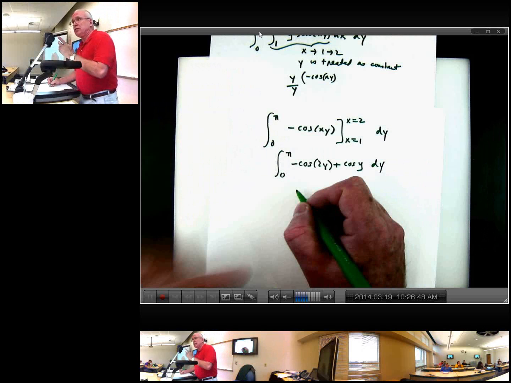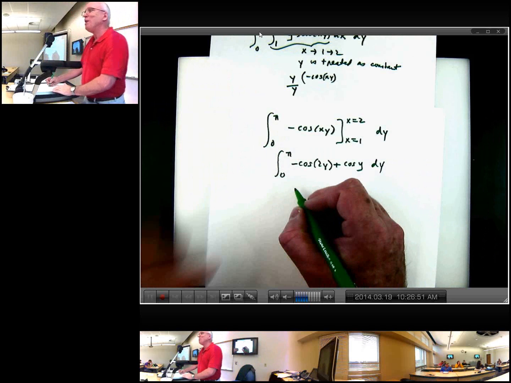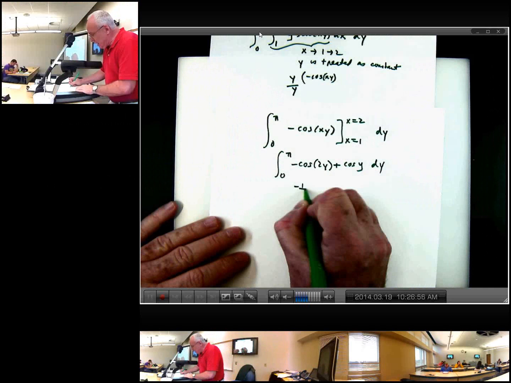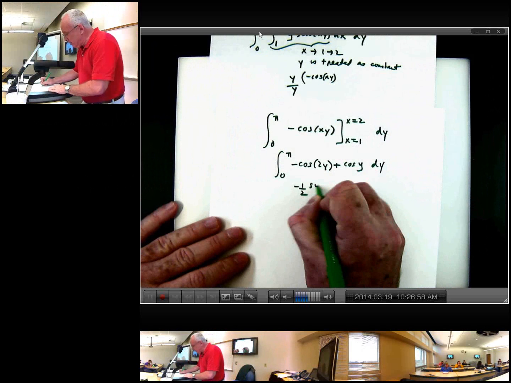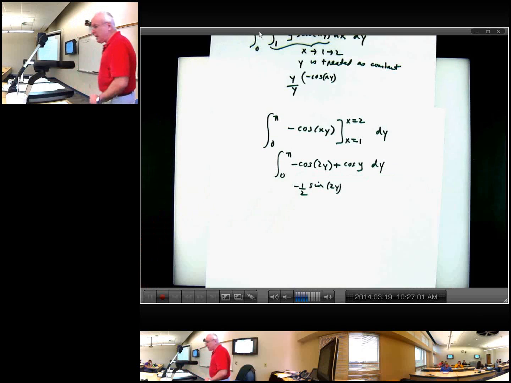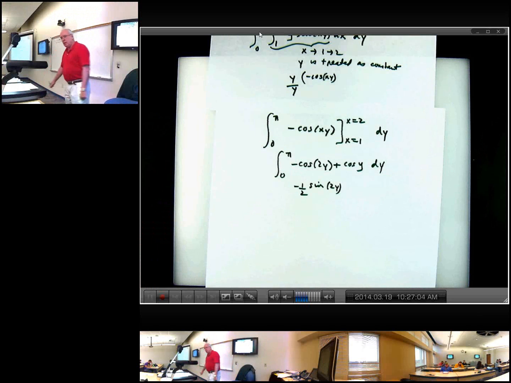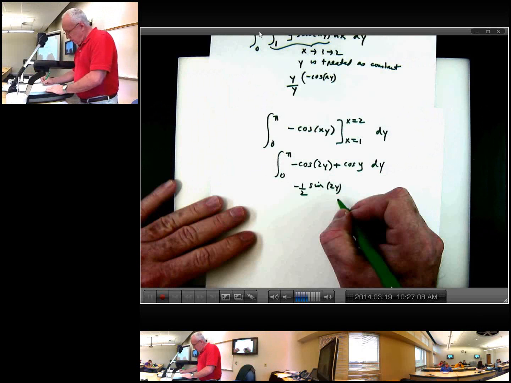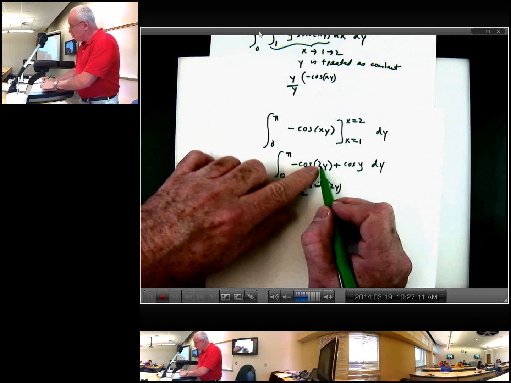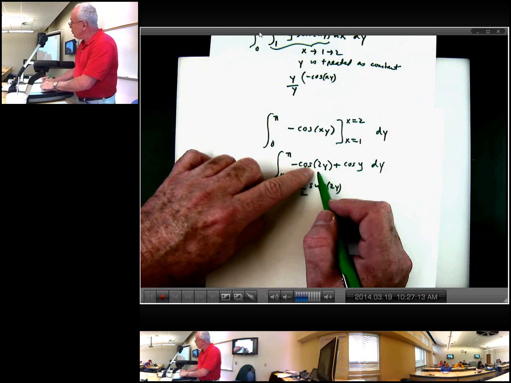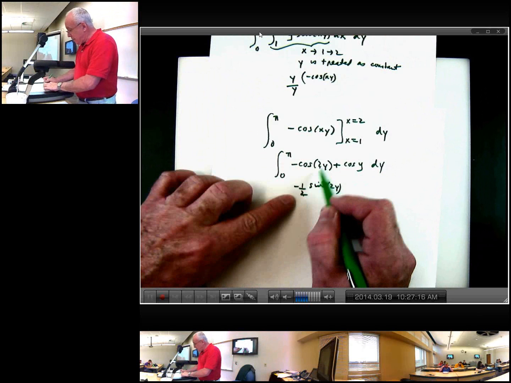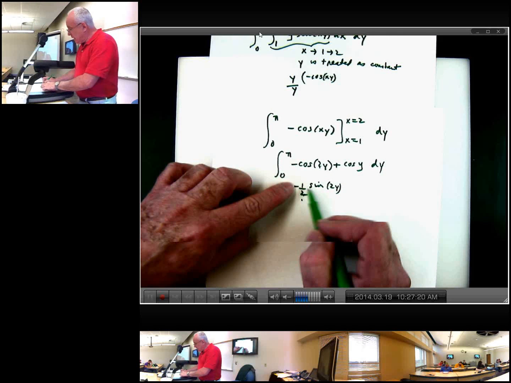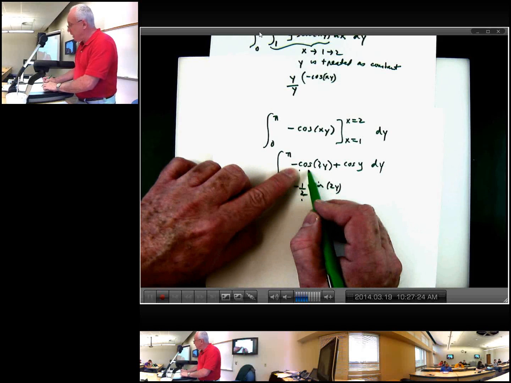Bring minus 1/2, minus cosine is minus sine, and we're going to bring that 2 down, so it's minus 1/2. Okay, and then the antiderivative of the cosine. I could do a formal u substitution, or I could just divide by the 2 that's multiplying my y. And the antiderivative of minus cosine is minus sine.